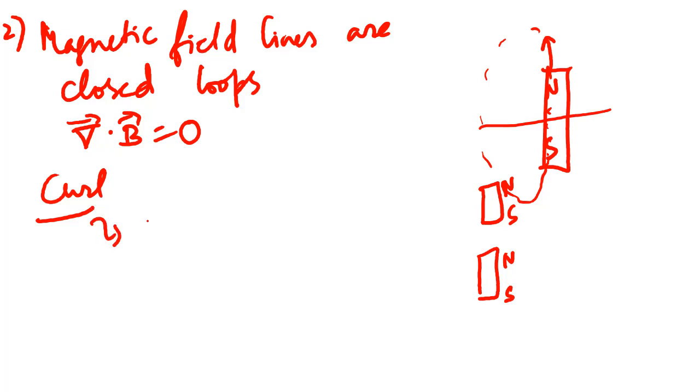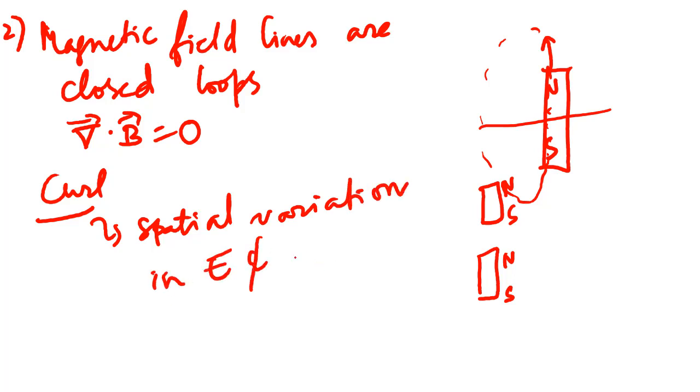So this tells you the spatial variation in magnetic and electric fields. It tells you how the electric field, for example, if you have an electric field, is varying.